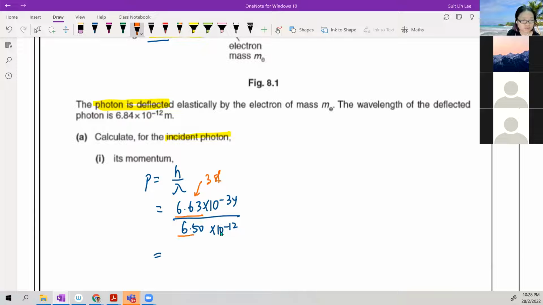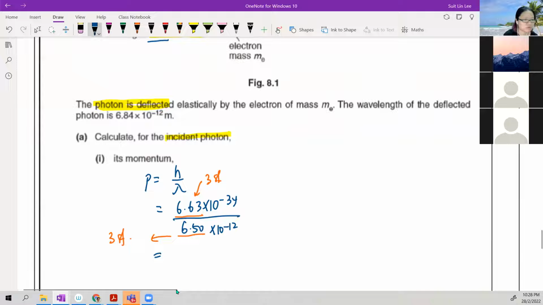Follow the lead of the question. In quantum and particle physics, because we're dealing with things that are very small, we need very sensitive measurement, so sometimes 2SF is not enough. So follow the question's guide. Right now, this one is 3SF, this is 3SF.